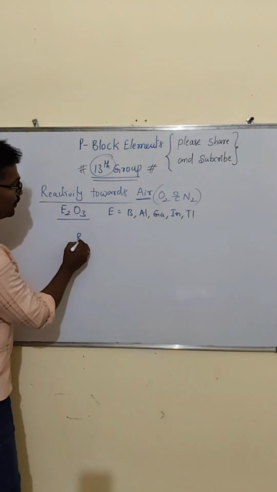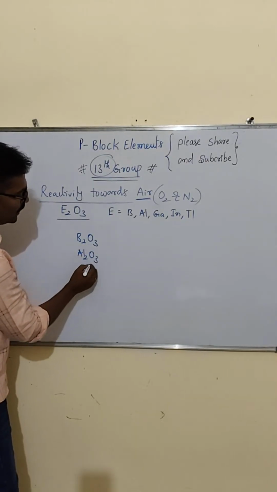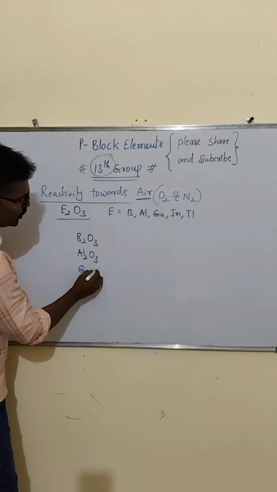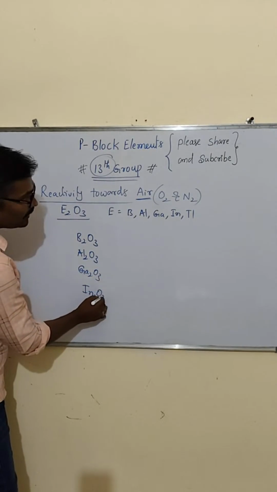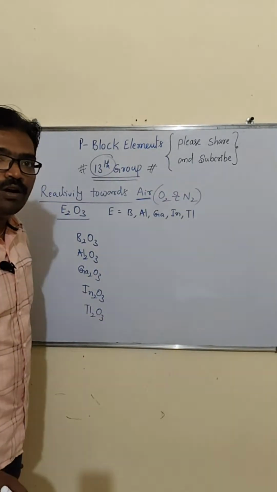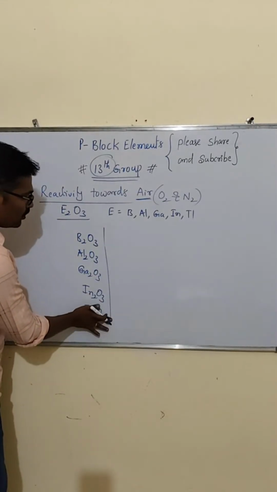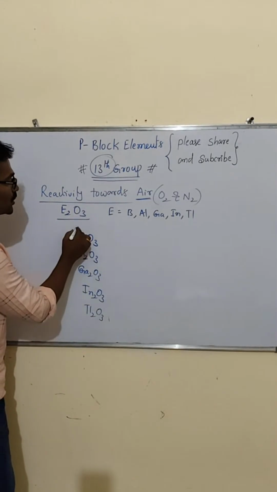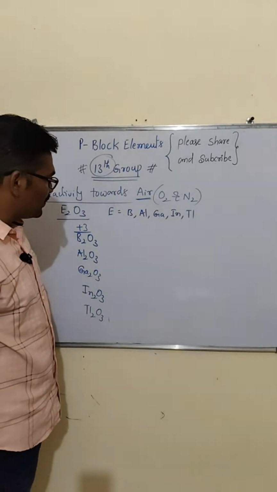So look at B2O3, then Al2O3, then Ga2O3, then In2O3, then Tl2O3 type of oxides can be formed. For all these elements the oxidation state is +3.